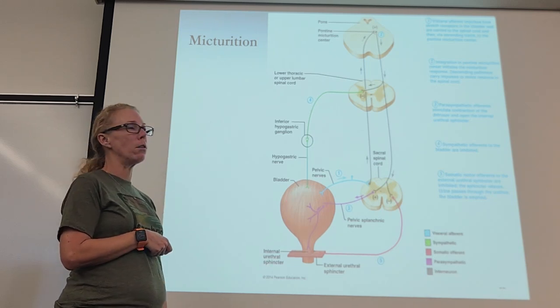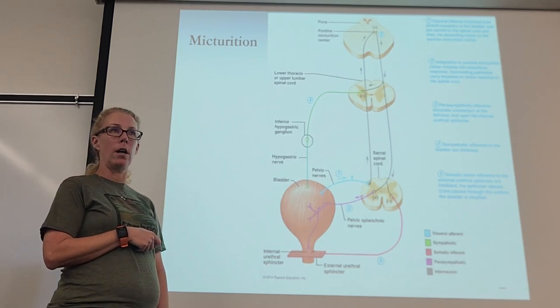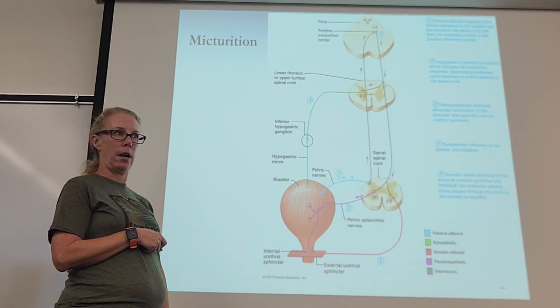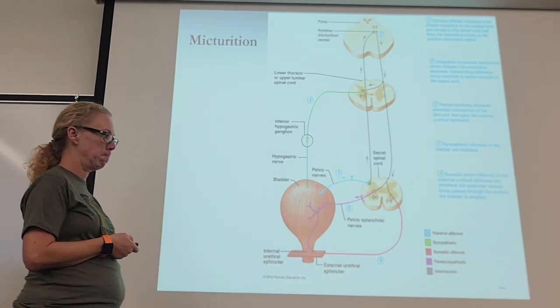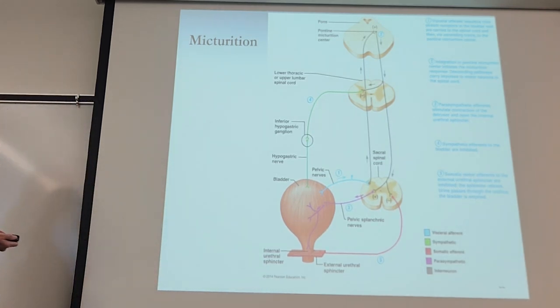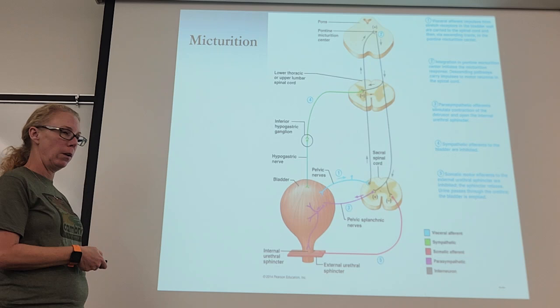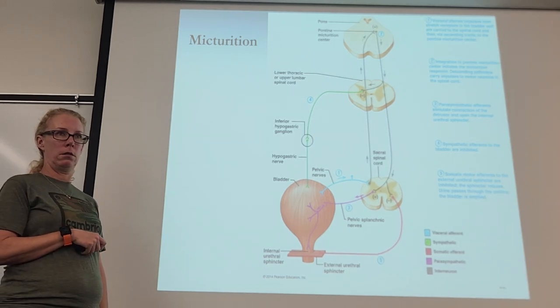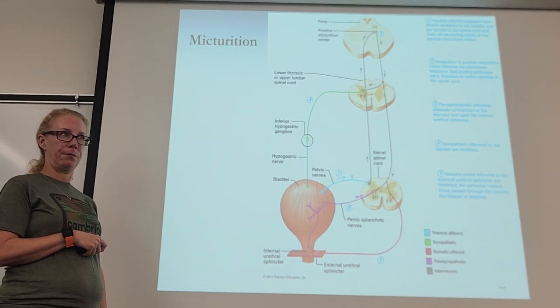The internal urethral sphincter is going to contract, okay? Yep. So most of the time, your internal urethral sphincter is contracted. Okay? It's only when you have to urinate that it will reflexively relax. Okay?